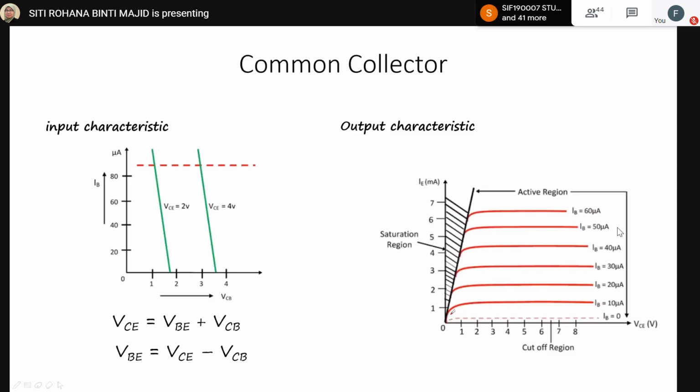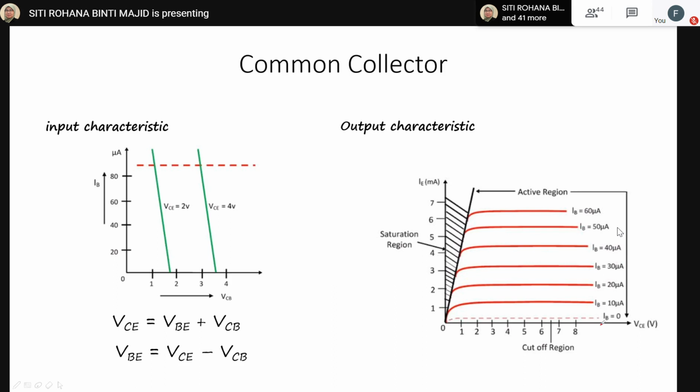After a particular point, with the increase of IB, there is a forward active region here before it reaches the breakdown part, which is not shown in this diagram.